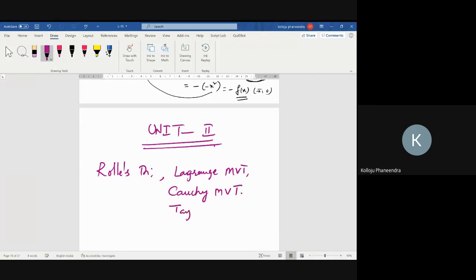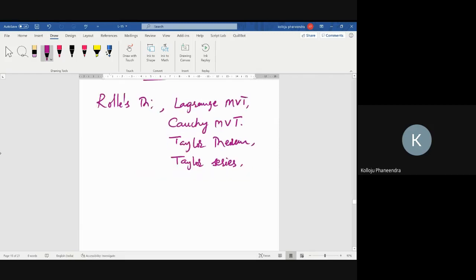Taylor series or Taylor's theorem. After Taylor's theorem, you have Taylor series. Then you have Maclaurin series. Okay, and Taylor's theorem with Lagrange's form of remainders, using remainder terms also. After this topic, I think all these topics are in intermediate now.